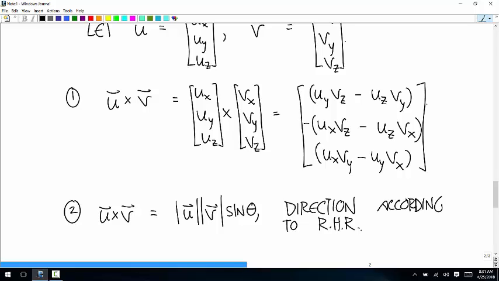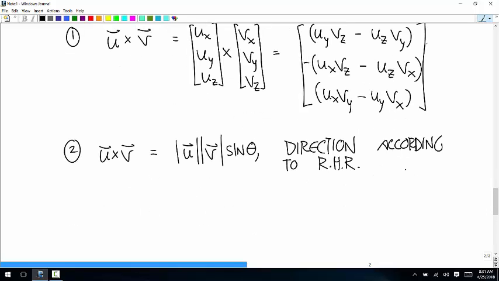Okay? If you're in 2D, when we're talking about moments, there'll be an easier way than thinking about the right-hand rule. And so when we apply this to moments, I'll tell you what that is.